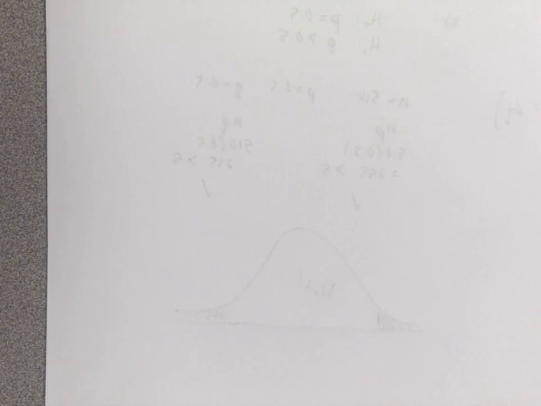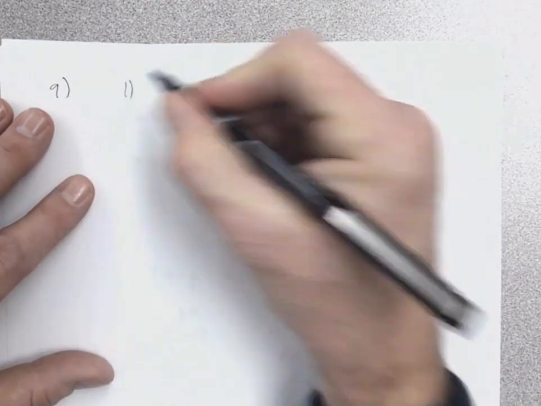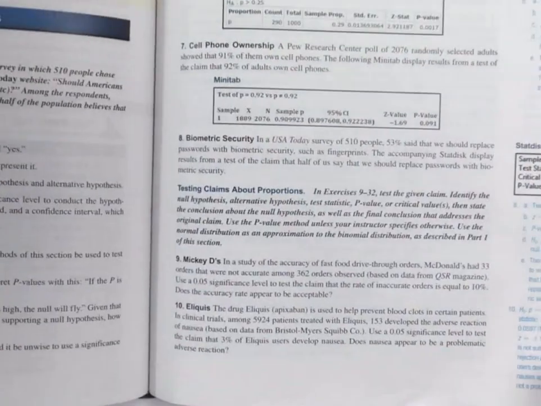Okay, so what we know is, in order to test the claim, number 9, we have to kind of go through steps 1, 2, and 3. So step 1 is to identify the claim, right? So what's the claim?